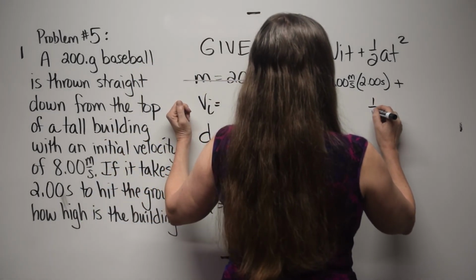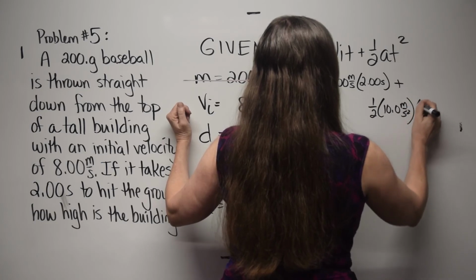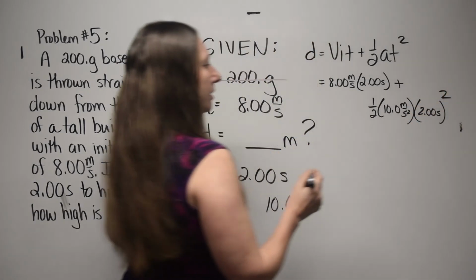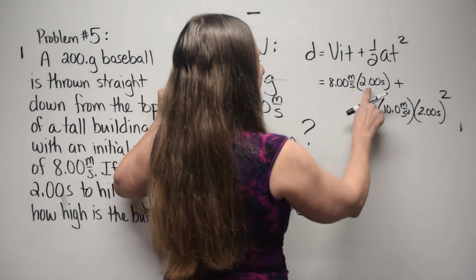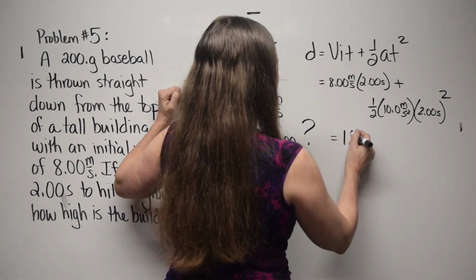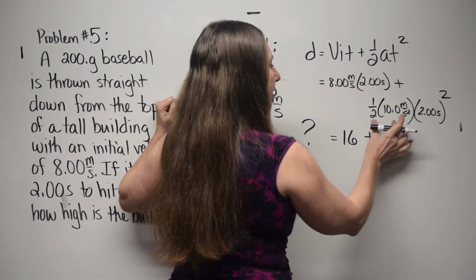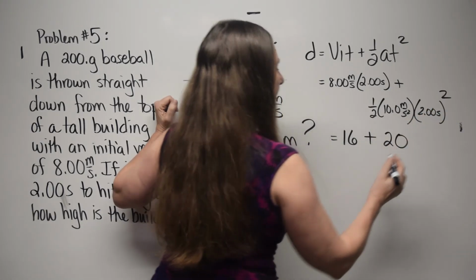So half of 10 meters per second squared, and 2 seconds, square that. Okay, so 8 times 2 is 16, plus half of 10 is 5. 2 squared is 4. 5 times 4 is 20.